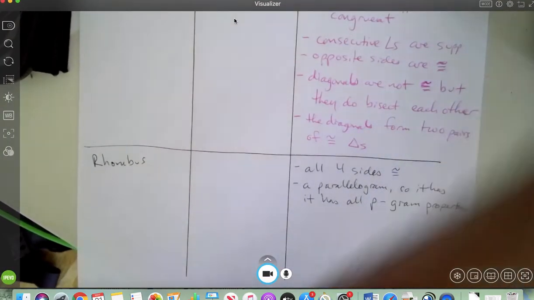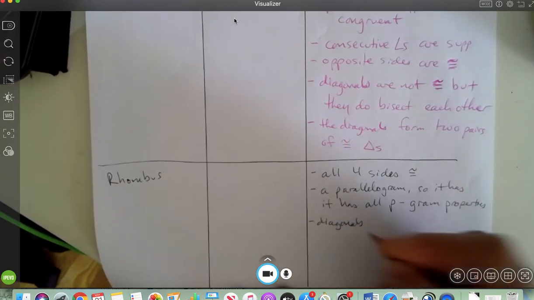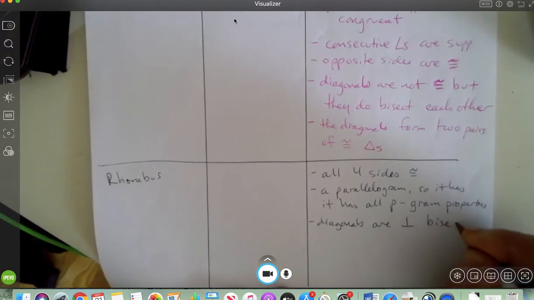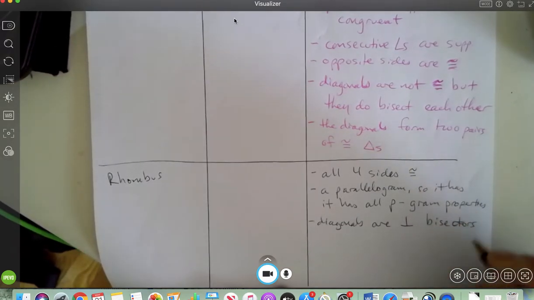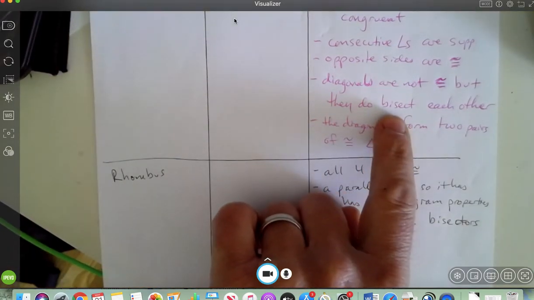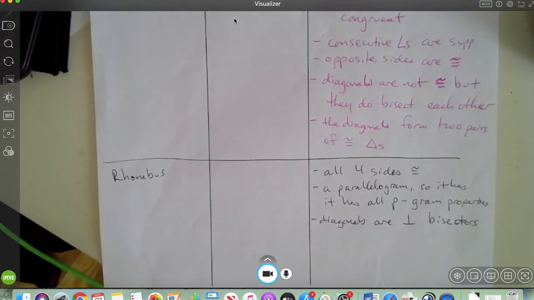The diagonals are perpendicular bisectors. I didn't prove they were bisectors just there, but thinking back to parallelograms, we knew the diagonals bisect each other, and here we found they're also perpendicular. That's an added piece.